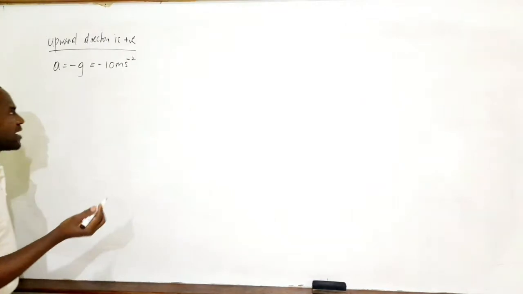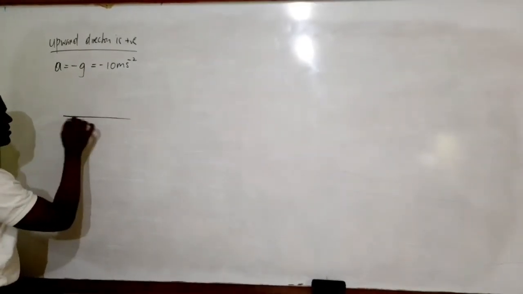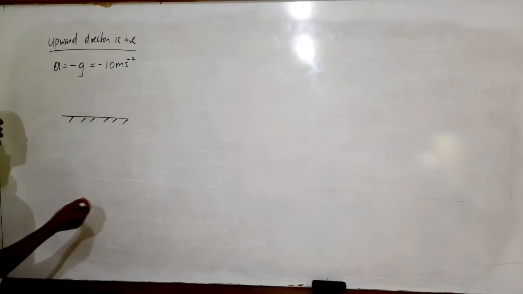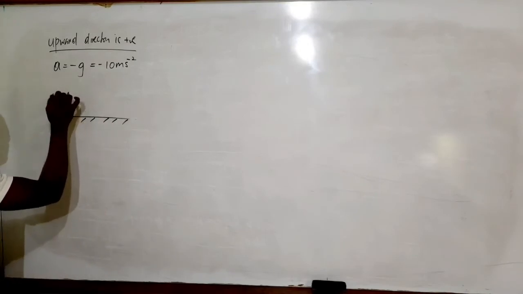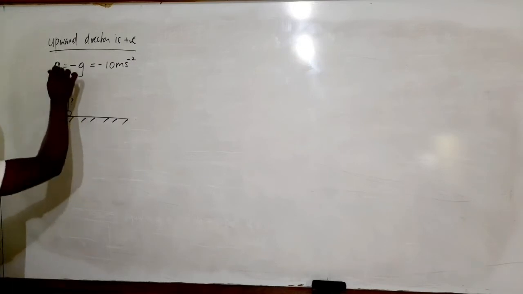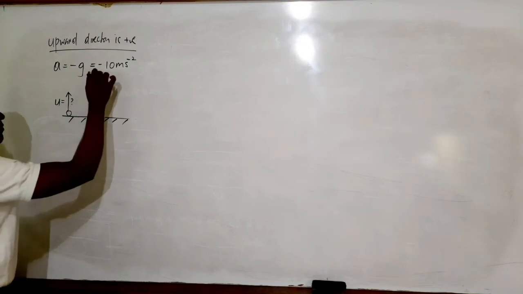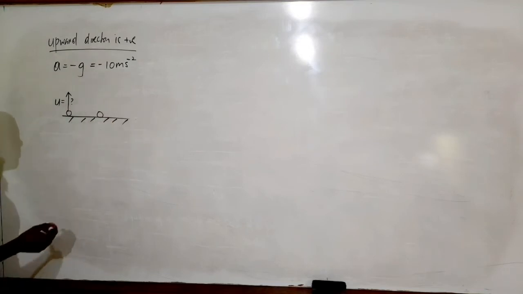Let's try to visualize the situation. So let's say this is the level of projection from which a stone was fired. So the stone is fired with some initial velocity which is not yet known. It reaches some maximum height from which it's going to fall and return to the initial level of projection.